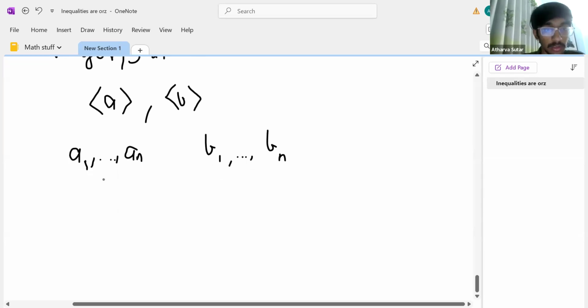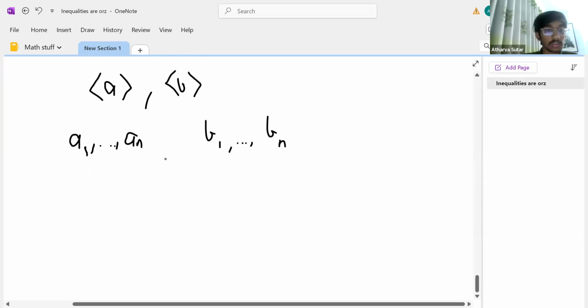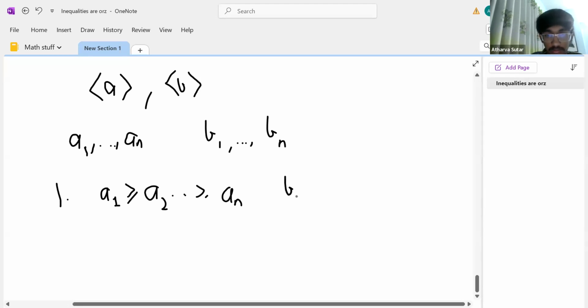Okay. Now, majorization has a few conditions. So the first condition is that the sequences are decreasing. A1 is greater than or equal to A2 and so on till An, and the same holds for the B sequence.